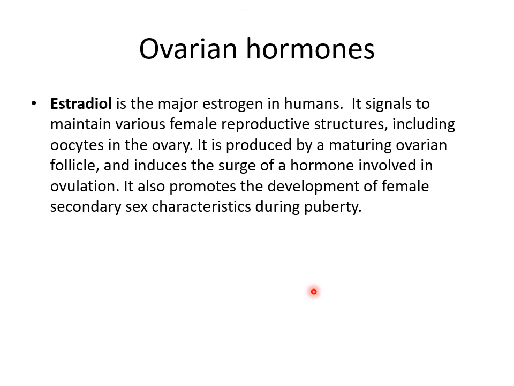It's produced by maturing ovarian follicles, and it induces a surge of luteinizing hormone that's involved in ovulation. It also promotes the development of female secondary sexual characteristics during puberty.